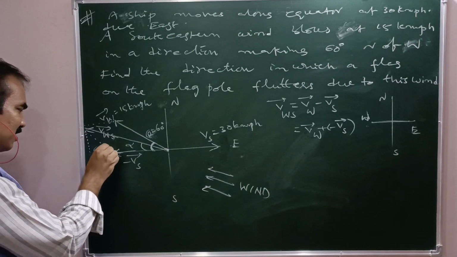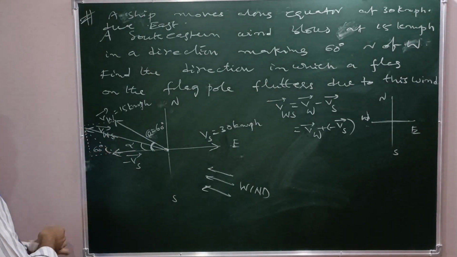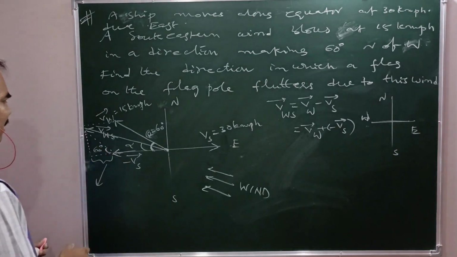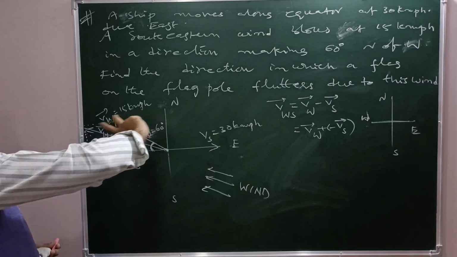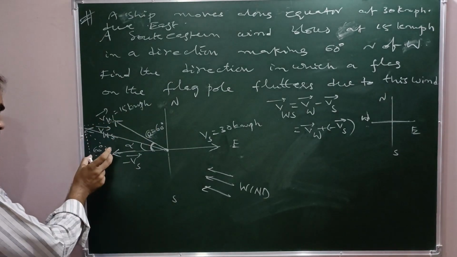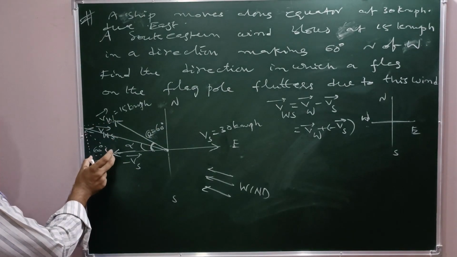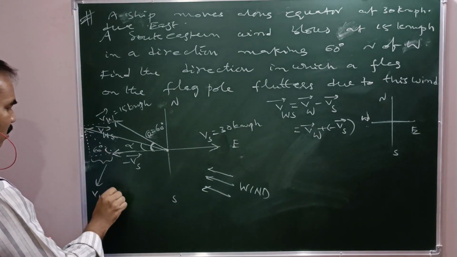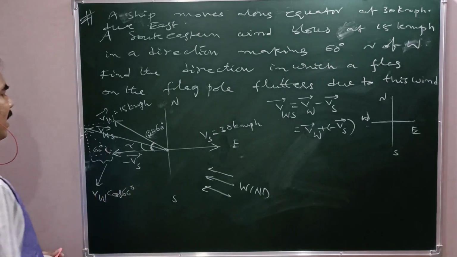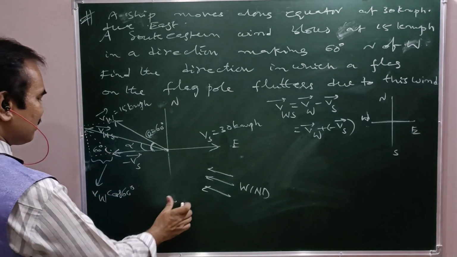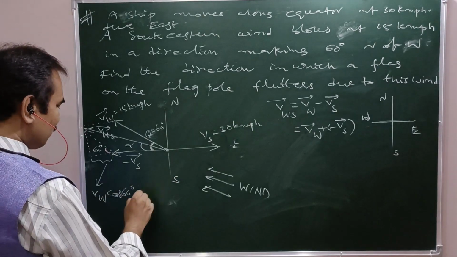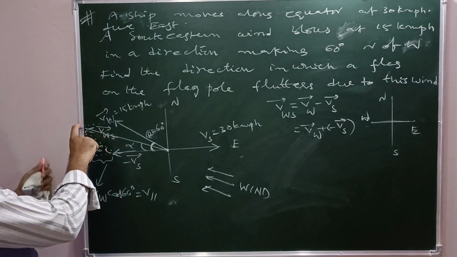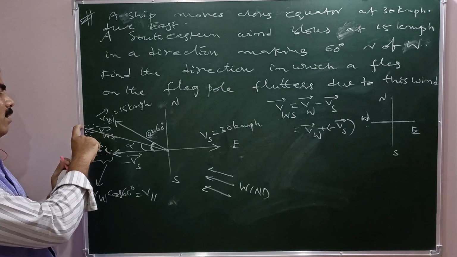Here the angle is 60 degrees. What is this adjacent side? It is VW cos 60. This is the parallel component, and this is the perpendicular component.